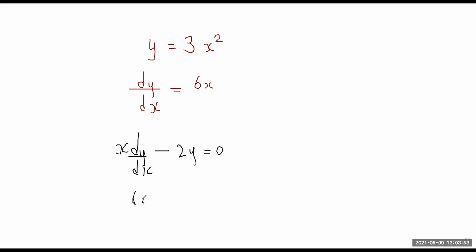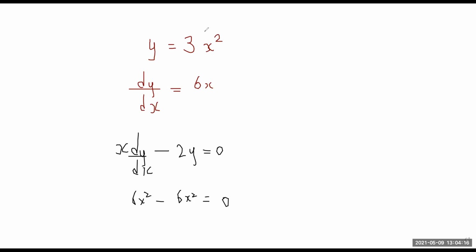Then I minus 2 times y, and y is 3x squared, so 2 times y would be 6x squared. Okay, I understand.